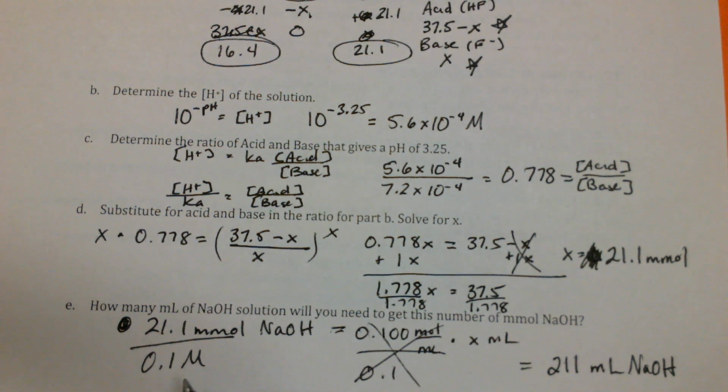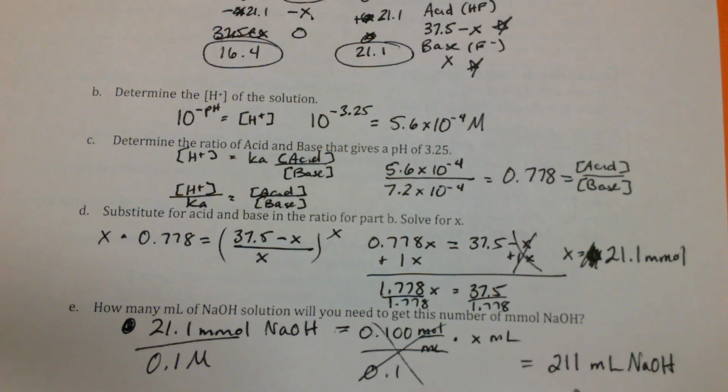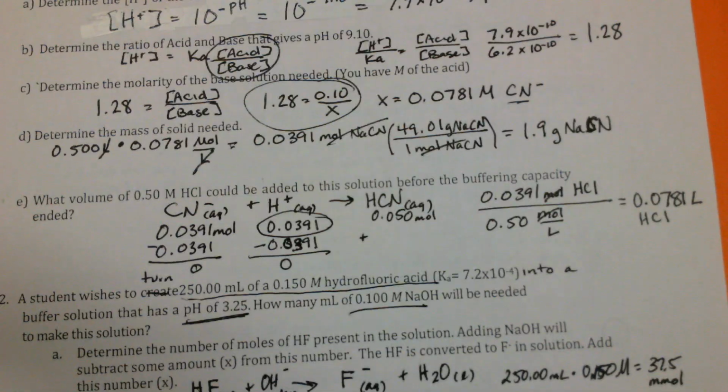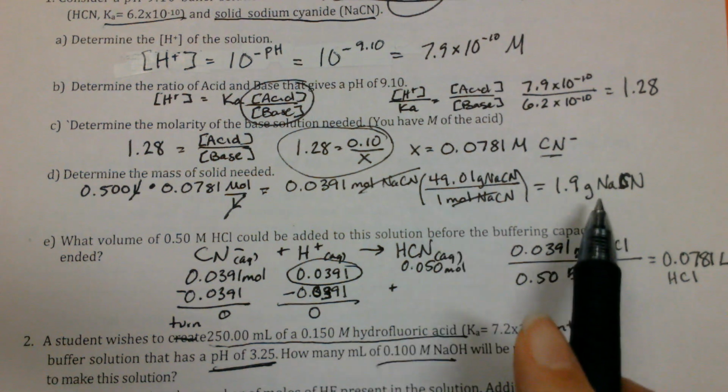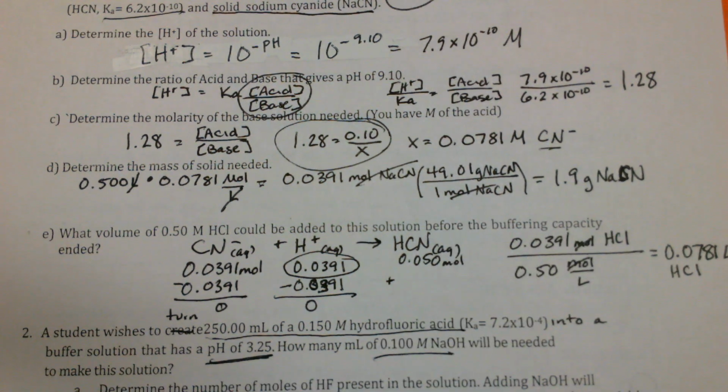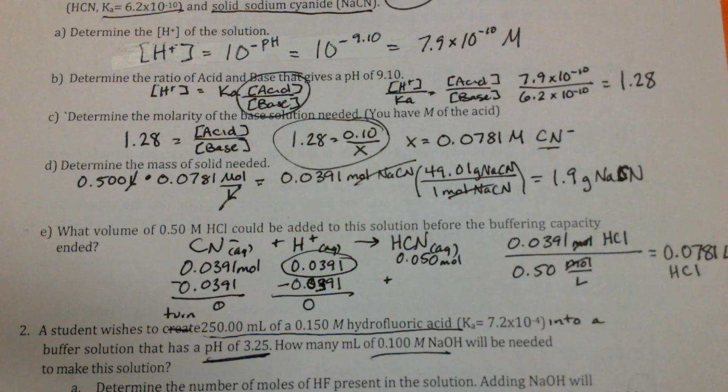In this case, I had a solution, so I needed to find the milliliters. In the top case, I had a solid, so I just needed to figure out how many grams of that solid I needed to put on my balance. So hopefully that will help, and hopefully those good practice problems will help, and we'll get some points back and have a good start.